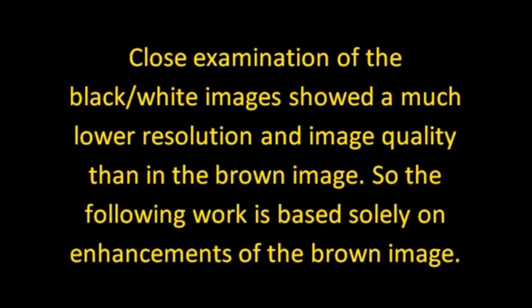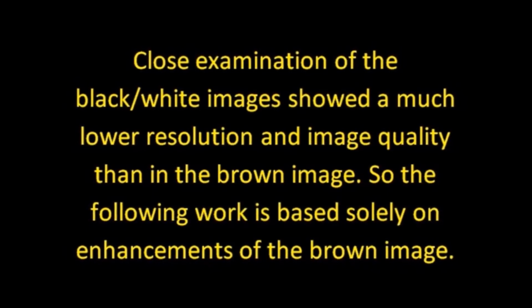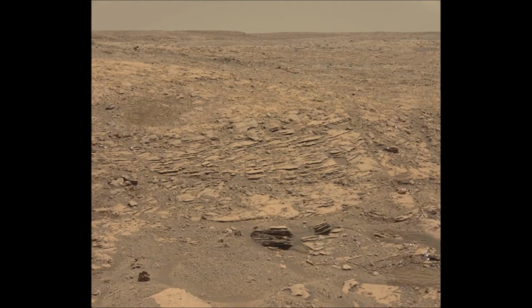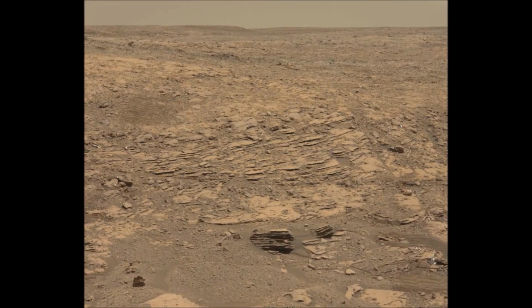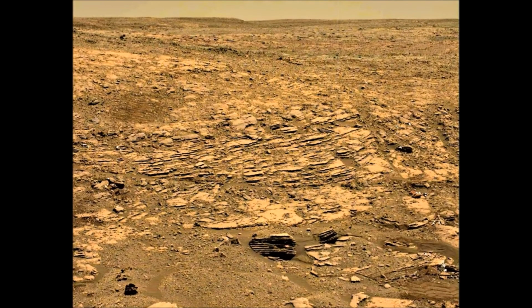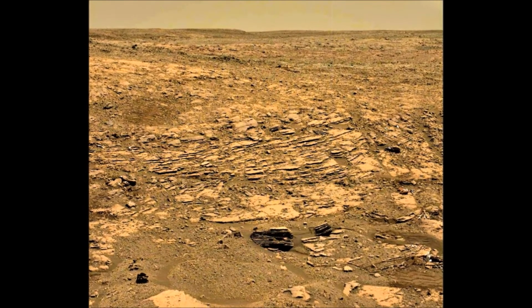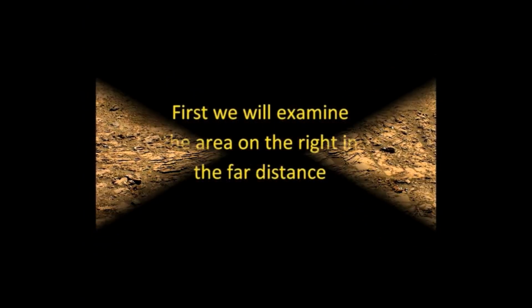So let's take a look at the image. This is the image that we have. Make some enhancements so that we can see it a bit clearer. It's a kind of a small hillside with a big plateau on top.